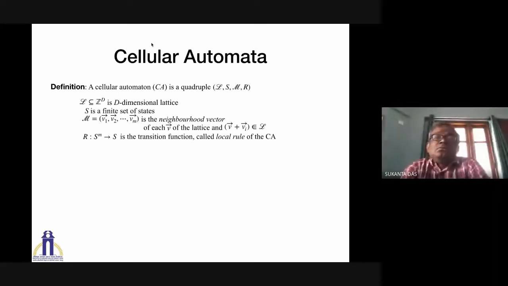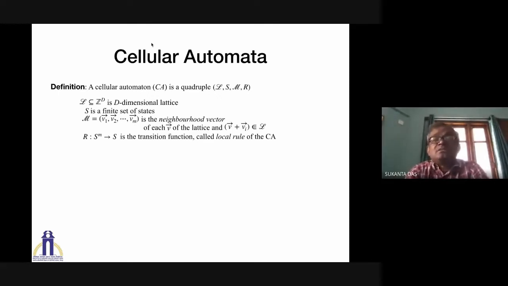So this quadruple has four components: L, S, M, and R. We have discussed that a cellular automaton is a discrete system. Here time and space are both discrete, and it evolves from one step to another step, then another step. We have seen that evolution in the case of the Game of Life and in the case of ECA rules.